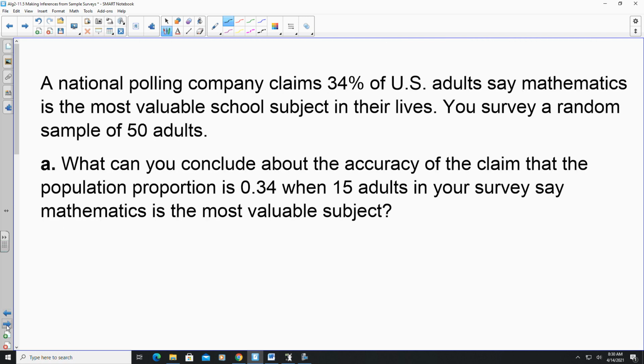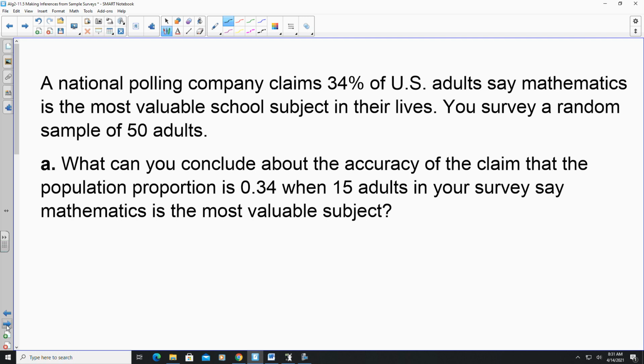Another thing that we're going to focus on is being able to do what is called analyzing population proportions. In this example, it says that a national polling company claims that 34% of US adults say mathematics is the most valuable school subject in their lives.